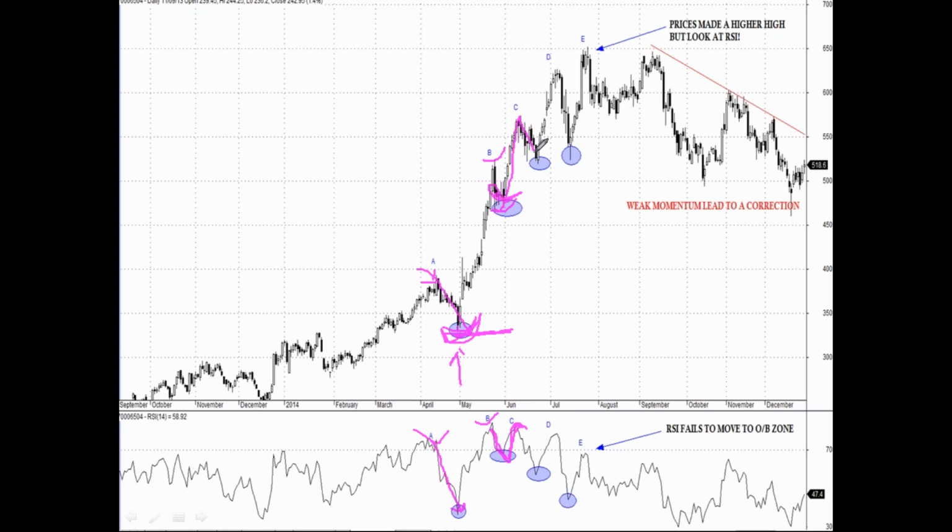Similarly, after moving out of point C, it corrects again. RSI moves from the overbought zone to the neutral zone. We see a bullish candle here. We buy it, and again the RSI moves into an overbought zone. Again there is a dip.